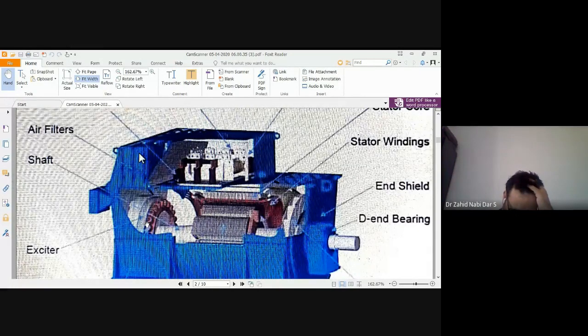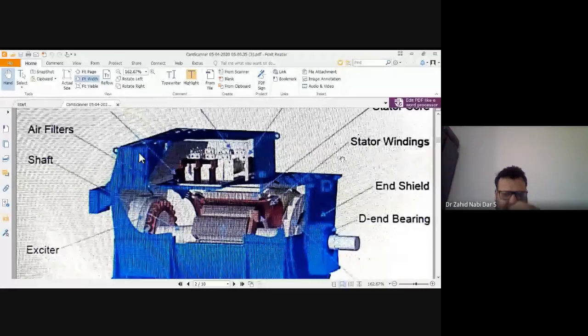It is composed of a cylindrical laminated core containing a set of slots that carry a three-phase winding. See here, the cylindrical core contains these slots, and these slots carry the windings. This winding is always connected in star. Now, what is the reason? The winding is always connected in star, and the neutral point here is connected to ground.